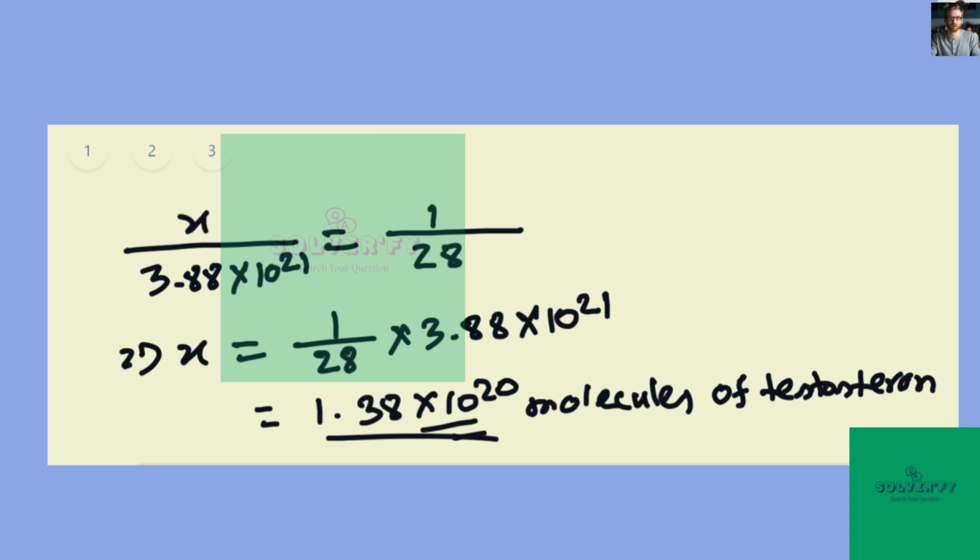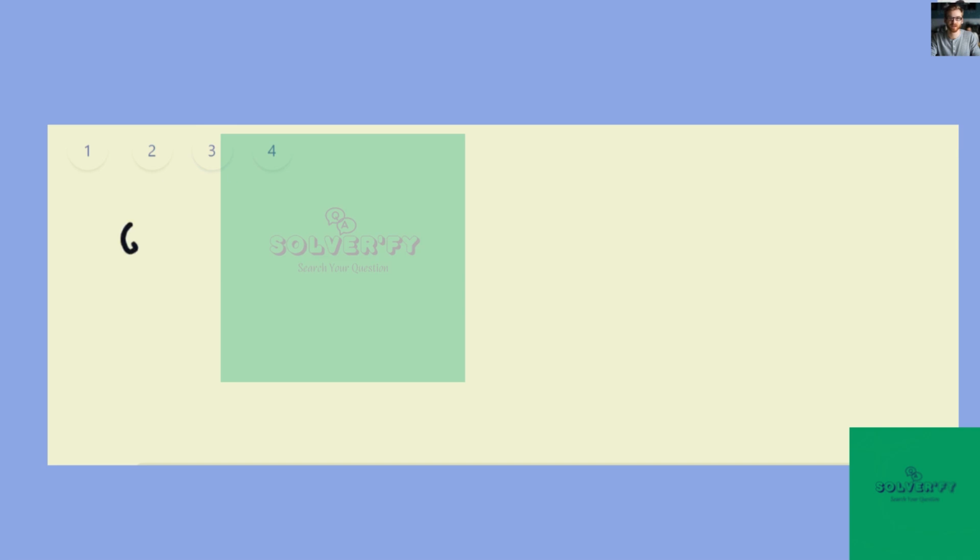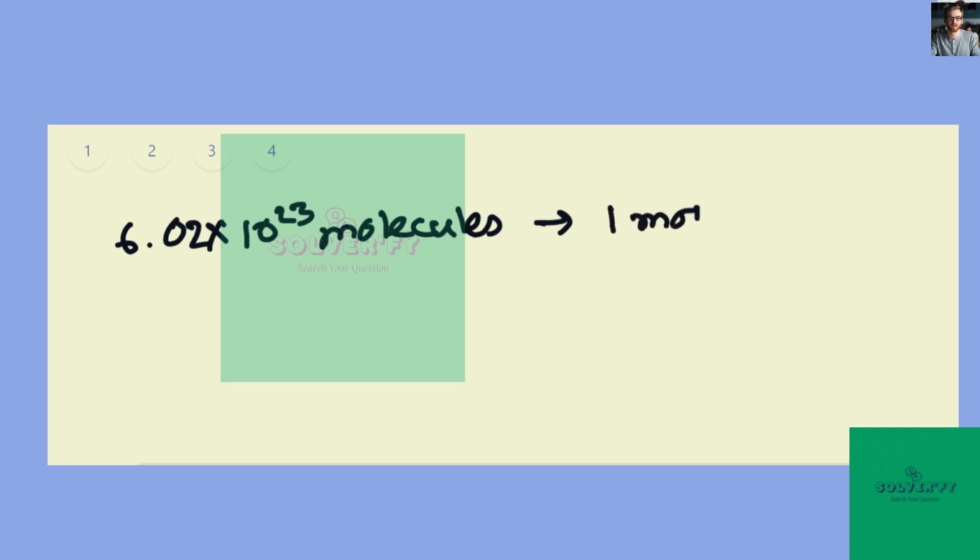So from here we can easily find out how many moles this much molecule will contain. So 6.02 times 10 to the power 23 molecules are contained in 1 mole.